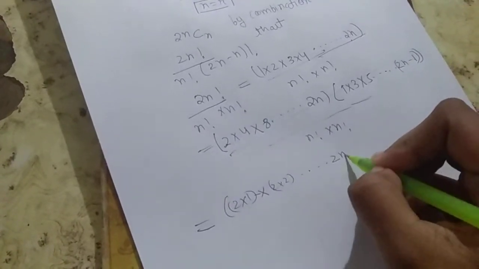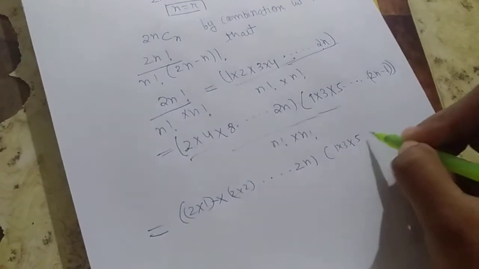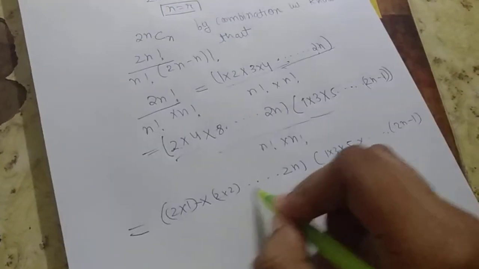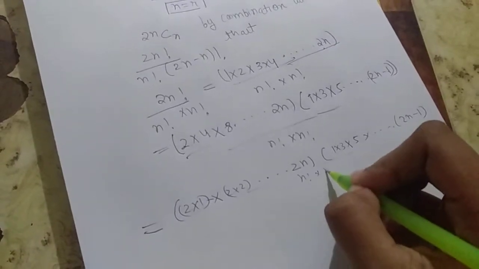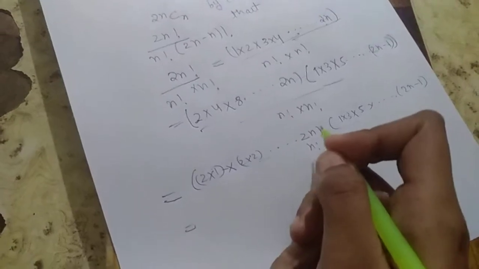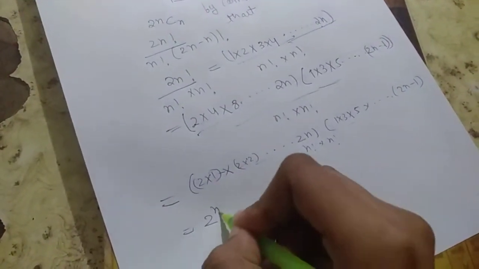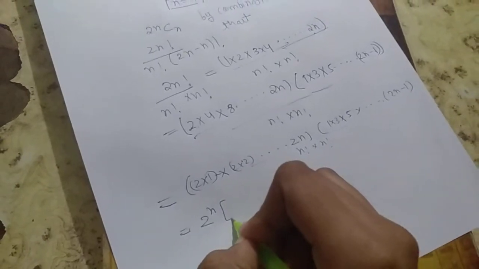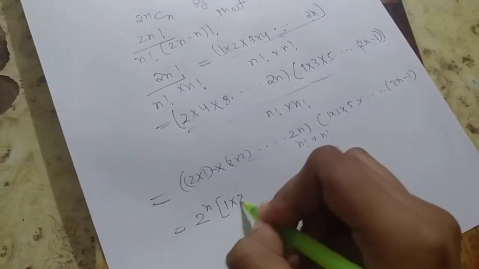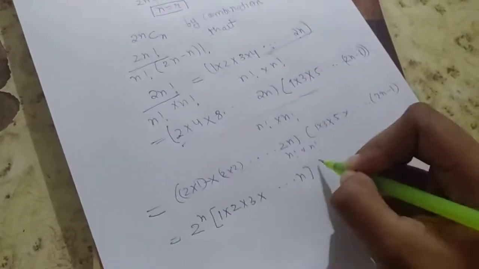Now I'm going to take these 2s out as common. There are so many 2s, so I can take 2 to the power n as the common thing. And then what we are left with behind is this.